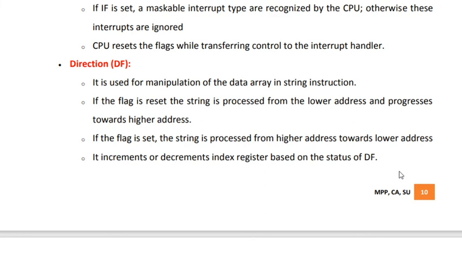If the flag is set, the string is processed from higher order address towards lower order address. So depending upon whether the direction flag is set or reset, we move in the opposite direction. It increments or decrements index register based on the status of the direction flag. So these are the description of the various flags.